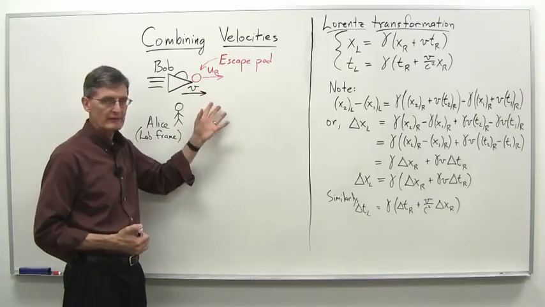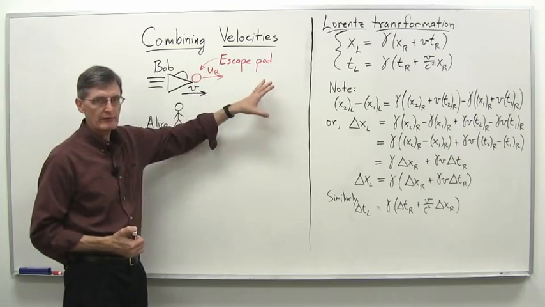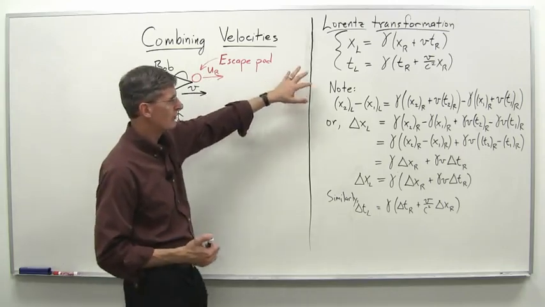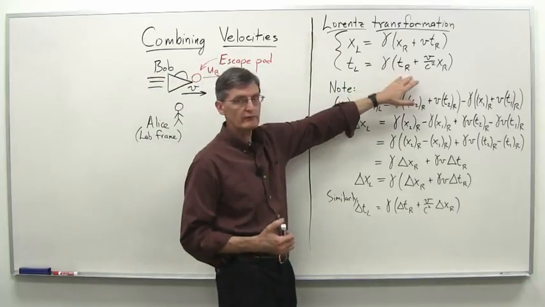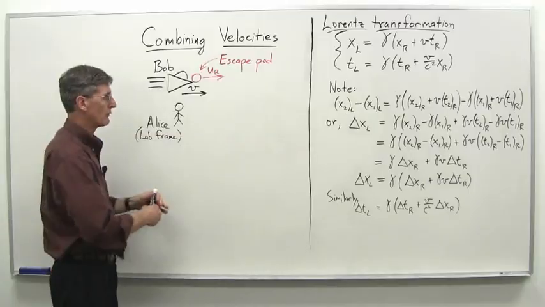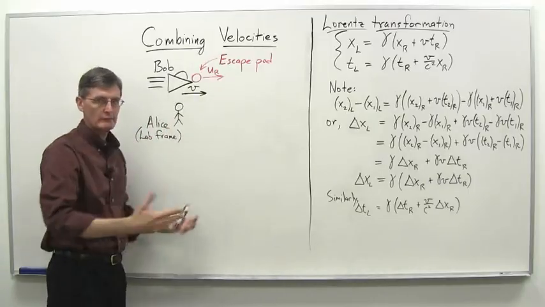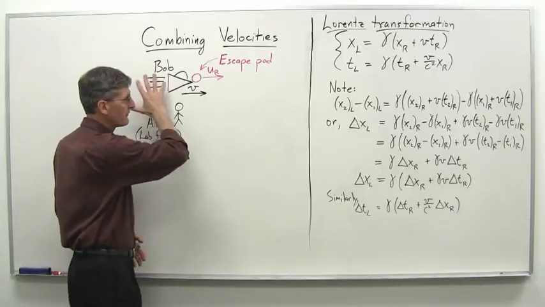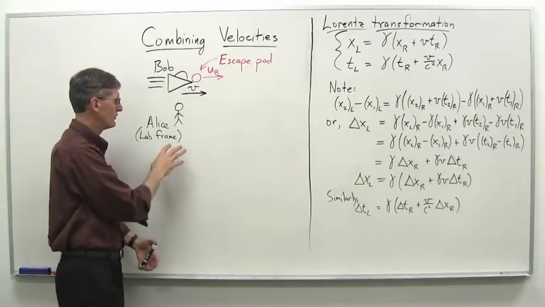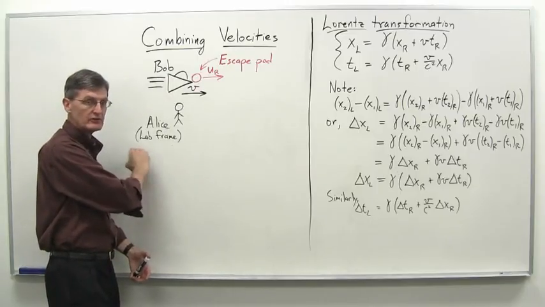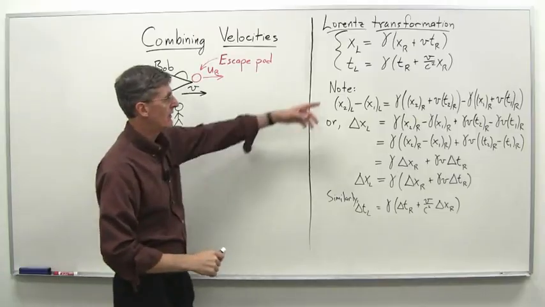And before we get into those details, let's remind ourselves about the Lorentz transformation. So I've written the two basic equations here, where the r's stand for, in this case, the rocket frame. So that's what we're going to call it this time. We could call it Bob's frame, of course. But we'll say it's the rocket frame moving with some velocity v to the right compared to Alice. And we'll say she's in the lab frame, thus the L's here.